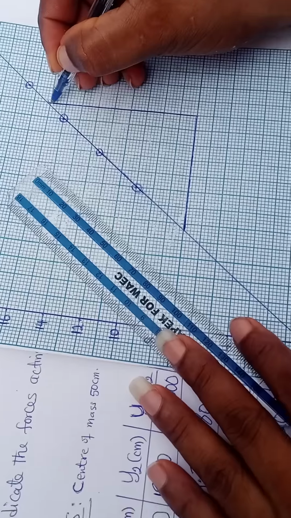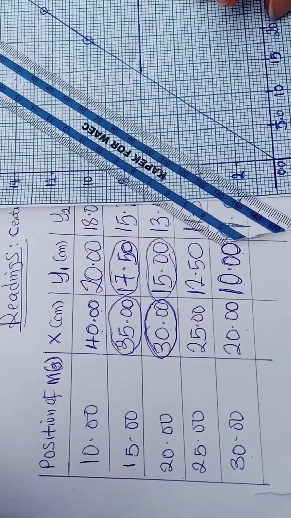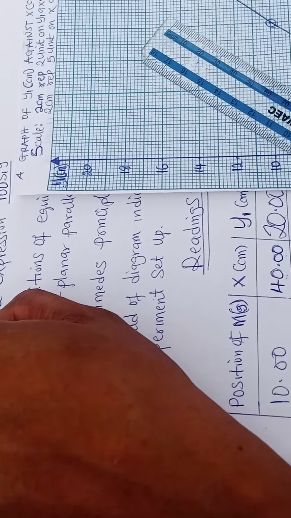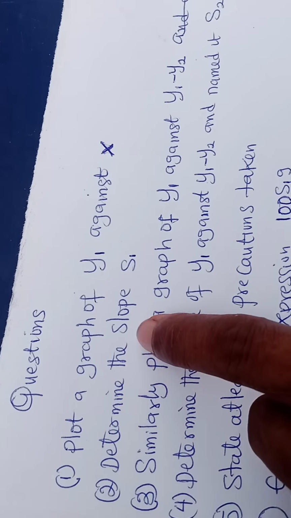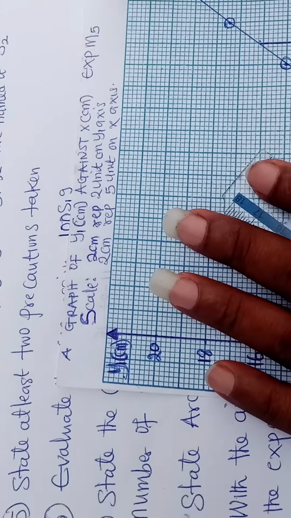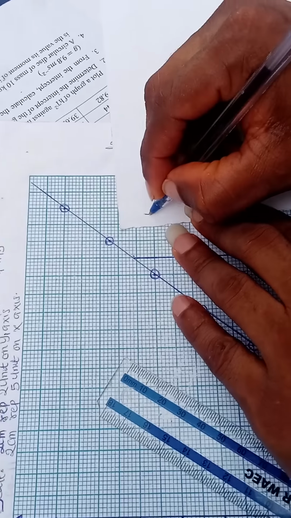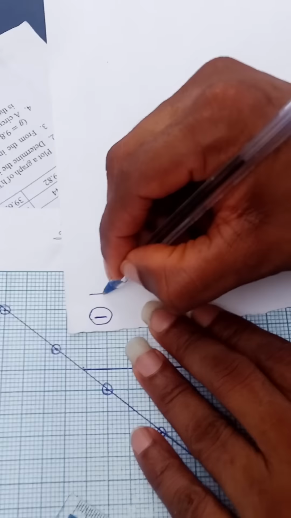Now we need to get our slope. Let us determine our slope, because the first question says, plot a graph of this and determine the slope.